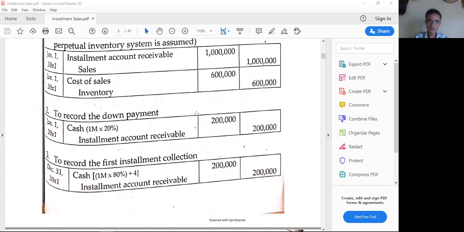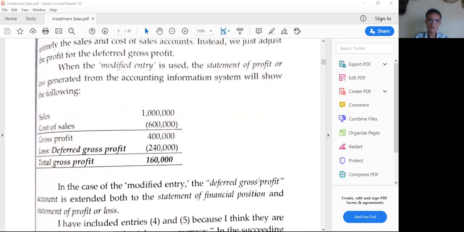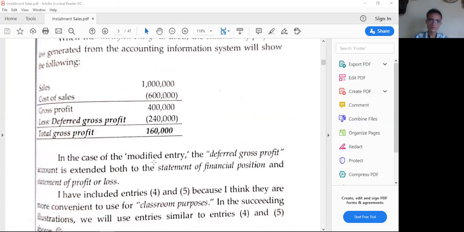we have here, remember, 1 million minus 400,000 collections. So that is 600,000. 600,000 times 40% is 240,000. And the difference is 160,000 realized gross profit. So this is also another way.